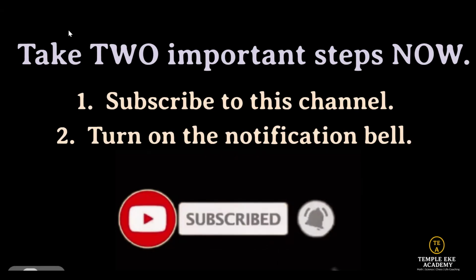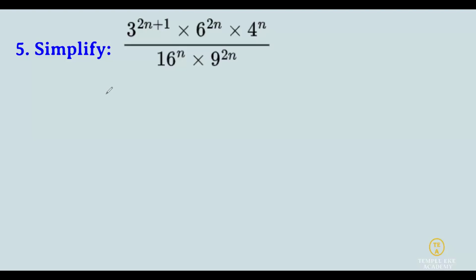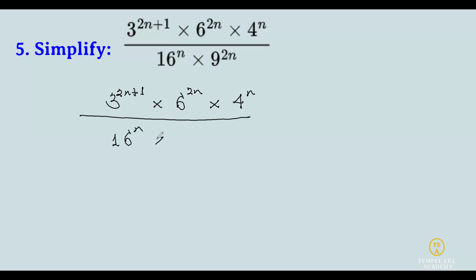More examples, let's go. So we have 3 raised to the power 2n plus 1 in the numerator, multiplied by 6 raised to the power 2n, multiplied again by 4 raised to the power n, now divided by 16 raised to the power n, multiplied by 9 to the power 2n.